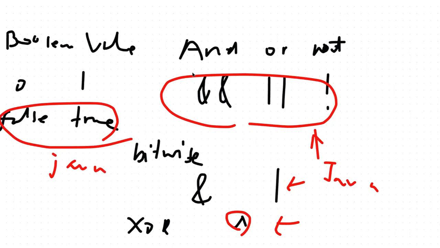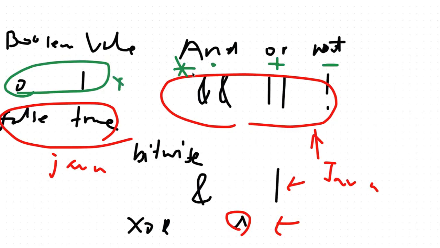And then in Boolean algebra, this is Boolean algebra's way to write. We use a dot or multiply for and, or we use plus for or. Not, we use a minus sign. These are the Boolean algebra way of writing it.